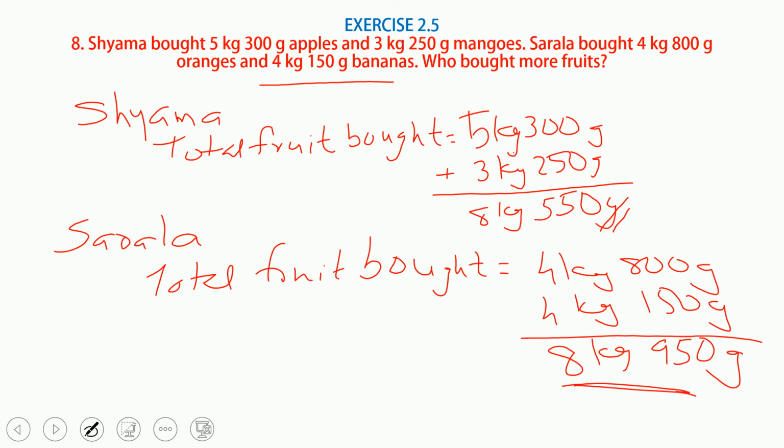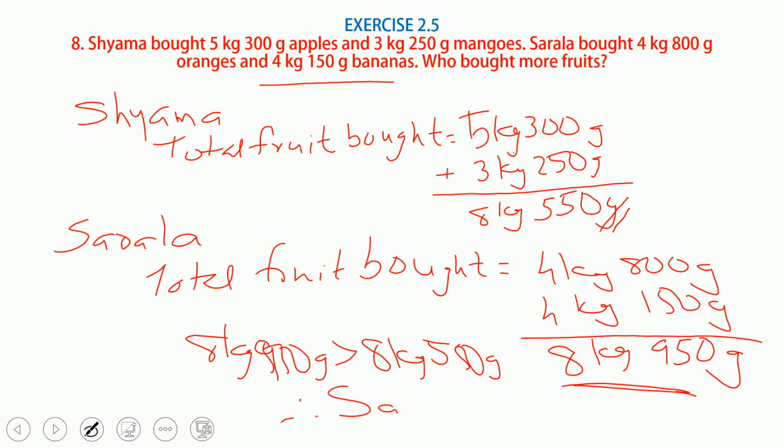Now the question, who brought more fruit? Now we can say that here 8 kg 550, here 8 kg 950, which is greater? 950 is greater than 550. Therefore, we can say that Sarala bought more.